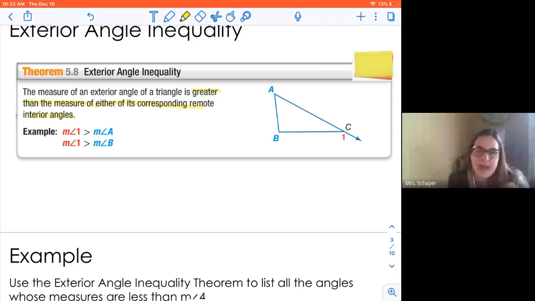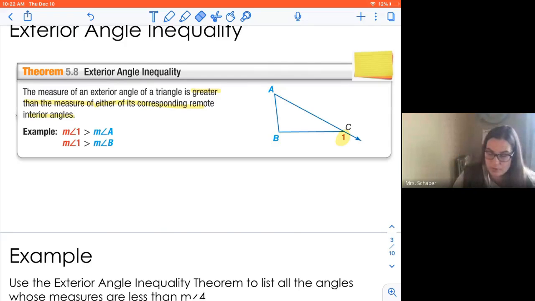If you recall, the exterior angle theorem says that the measure of the exterior angle is equal to the sum of the remote interior angles. So it seems logical that the exterior angle is going to be greater than either of the remote interior angles, because if it equals the sum of them, it has to be greater than both.